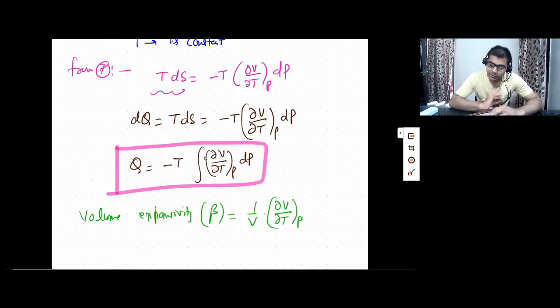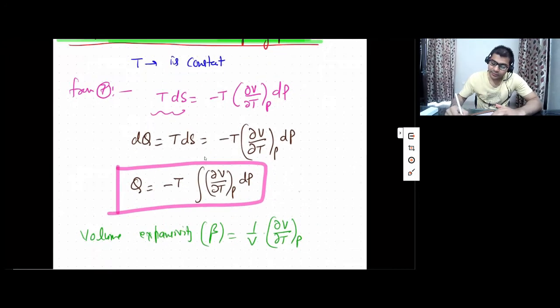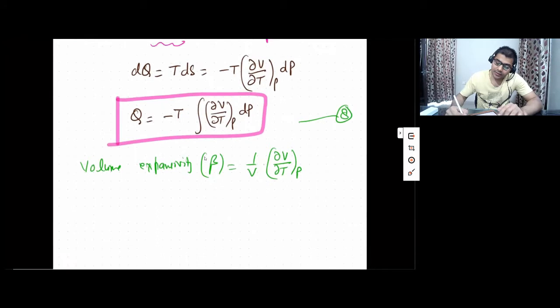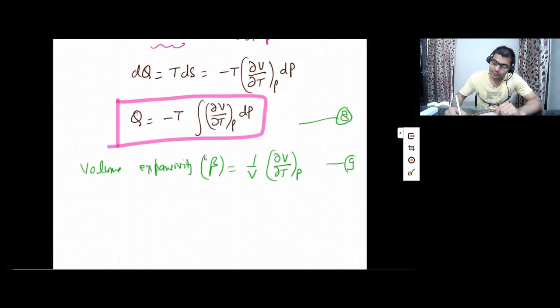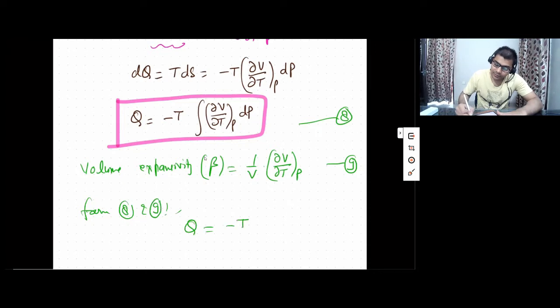Okay, so if I number this equation 8, and put equation 9 in 8, from 8 and 9 I'm going to get Q is equal to minus T V beta dP. Okay, so that's what I'm going to get.